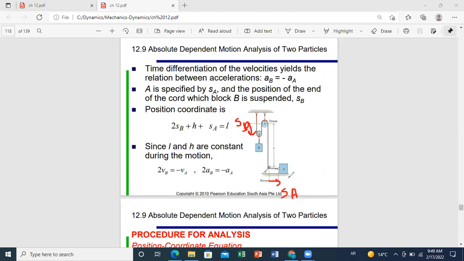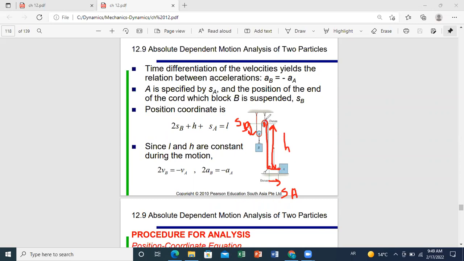I'm starting from this point. This distance is SA. Then, when I move from this point to this one, this is a fixed distance, because I'm moving from a fixed point to another fixed point. So this is a constant h.